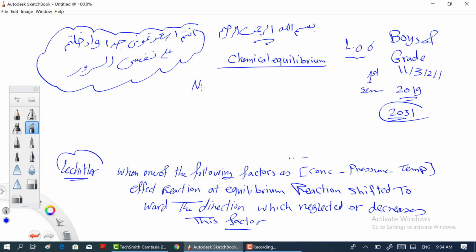For these reactions, N2O4, nitrogen tetroxide, inside the closed container, this has a pale brown color, and when I have NO2, nitrogen dioxide, reddish brown color.